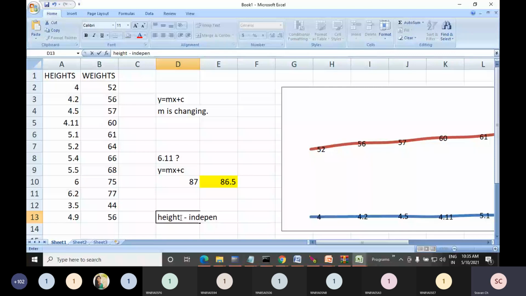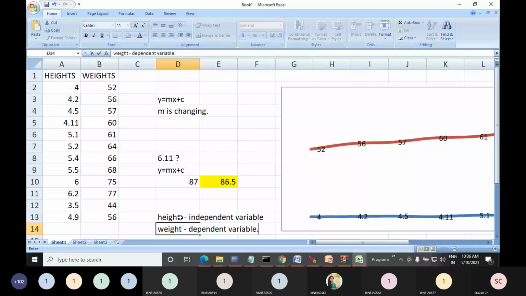Weight depends on height, so weight is a dependent variable. Now, how we create a machine learning model: we will try to understand the relationship between the dependent variable and the independent variable.